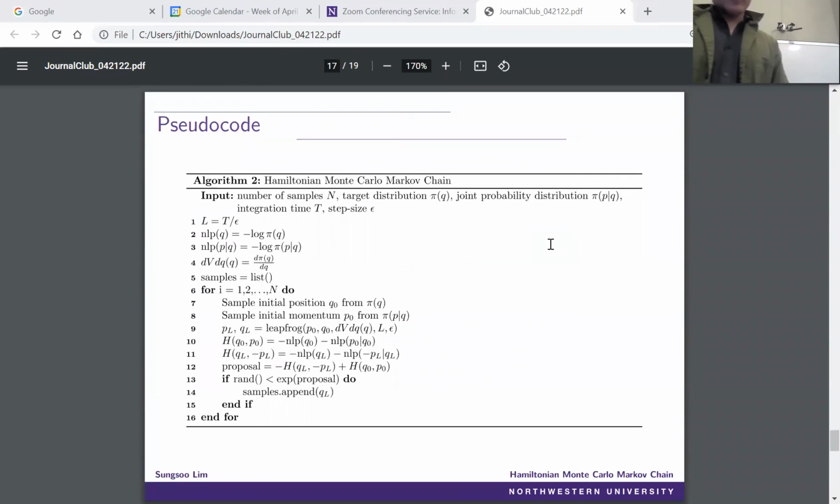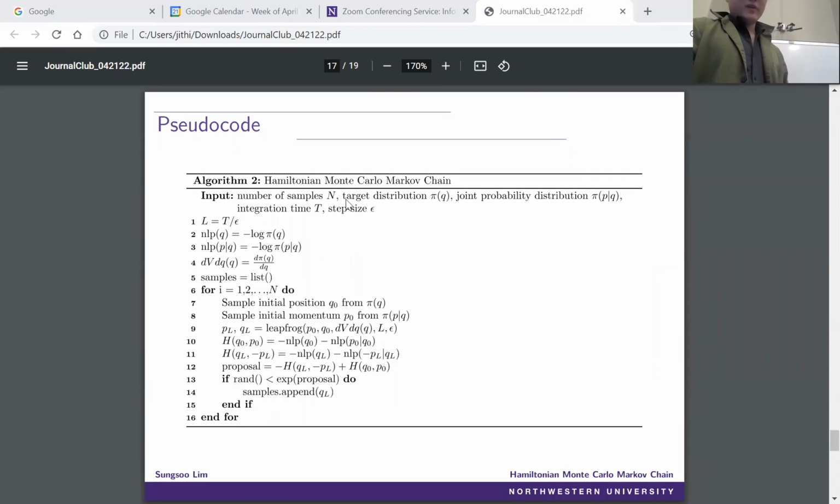This is the pseudocode for the Hamiltonian Monte Carlo Markov chain. The inputs are the number of samples, the target distribution, the joint probability distribution, the integration time, and the step size. For number 7, we take whatever Q naught would be, not sampling from the pi of Q, but instead we could take some constant.